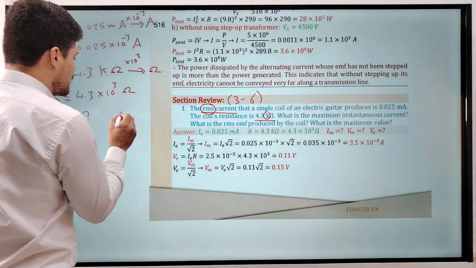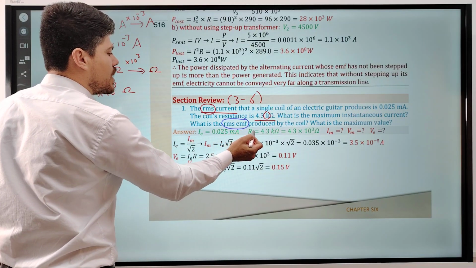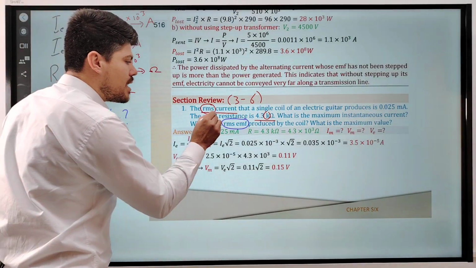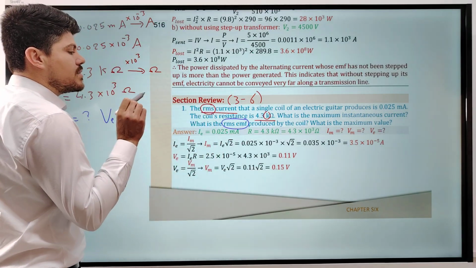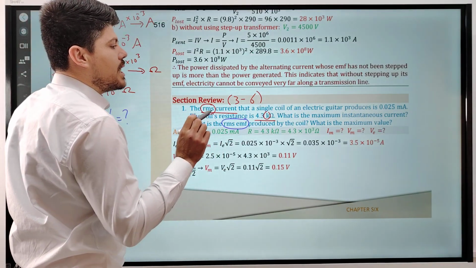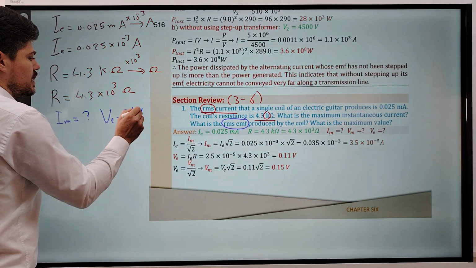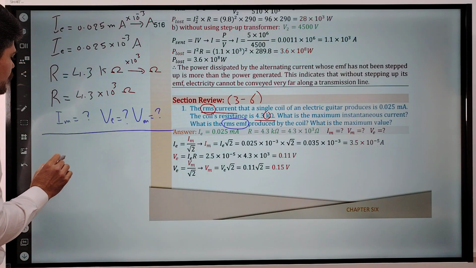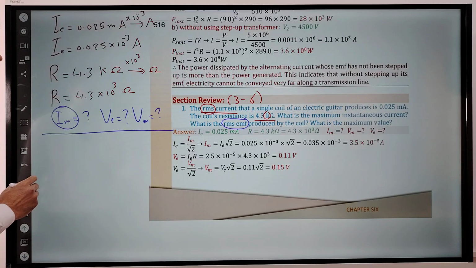RMS EMF means the effective value of potential difference, V effective. And what is the maximum value of the potential difference? Vm is unknown. First of all, we have to find the maximum instantaneous current.